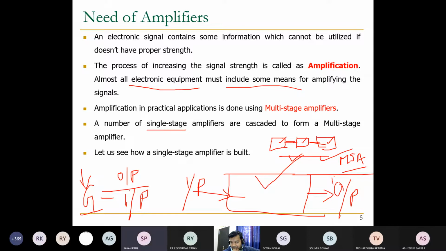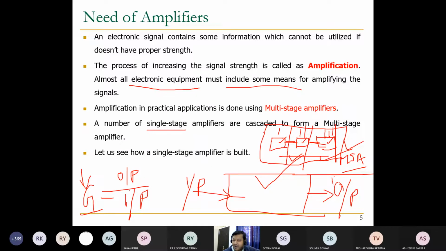Sir, what is single stage? I'm coming to you. Single stage means, suppose this one is one stage, this one is another stage, so two stages, and this one is another stage, that is three stages. So this whole circuit is basically a three stage amplifier.